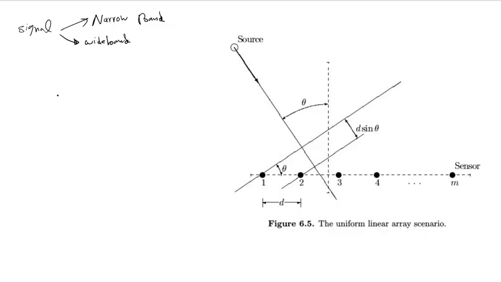It refers to the relative bandwidth, actually. If bandwidth over center frequency of the signal is lower than 1, or small, we can consider our signal narrowband, and in this modeling I assume our signal is narrowband.